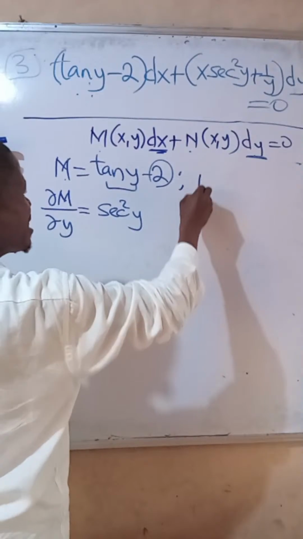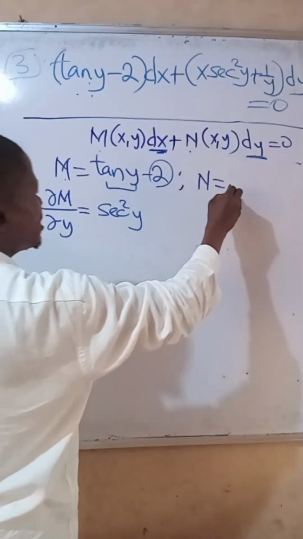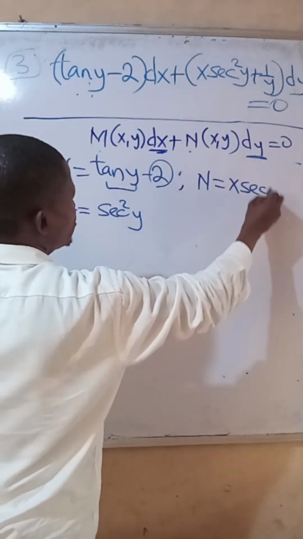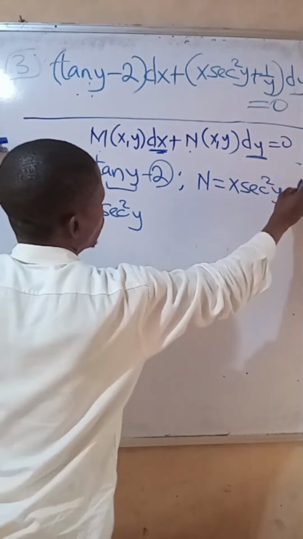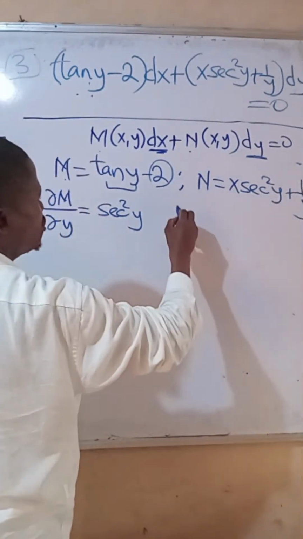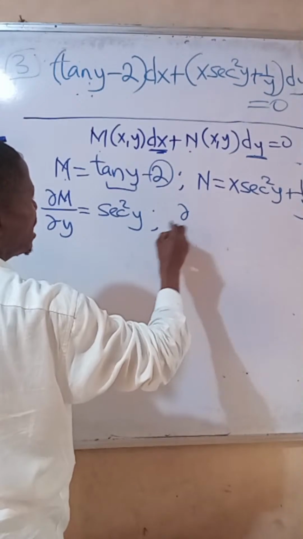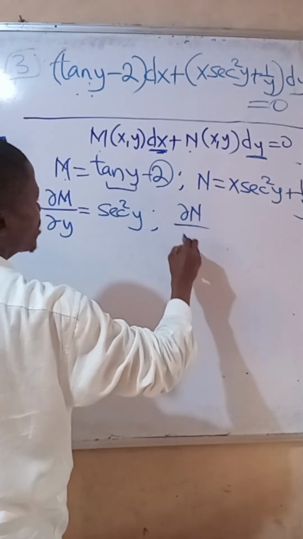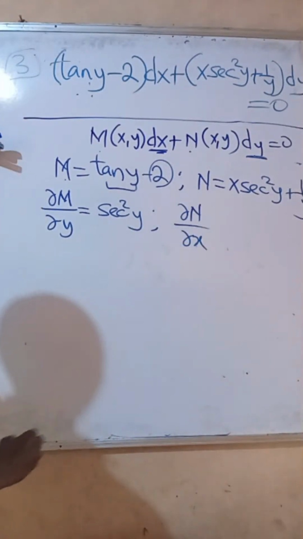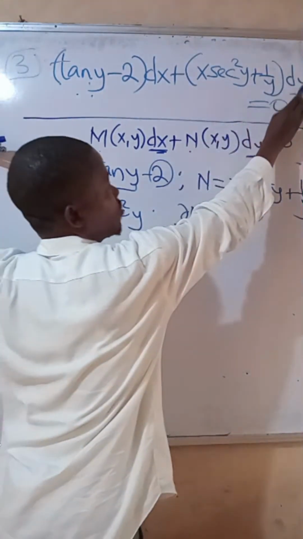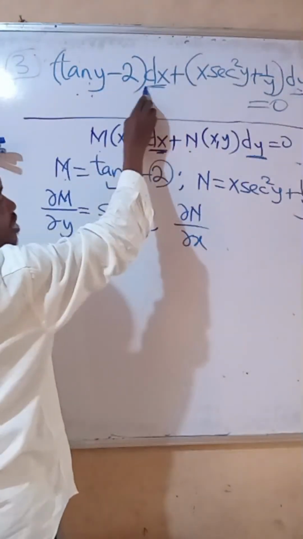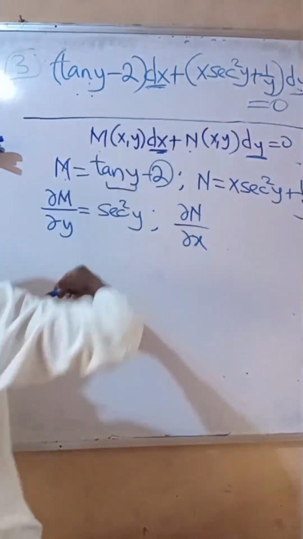The n in this question is x sec square y plus 1 over y. So you're going to differentiate this one with respect to x, partially.